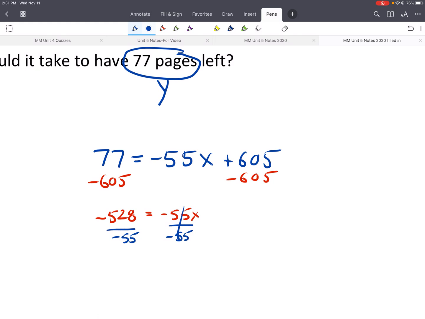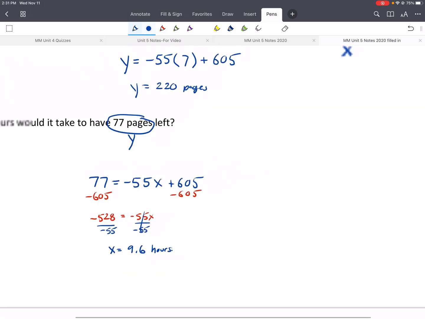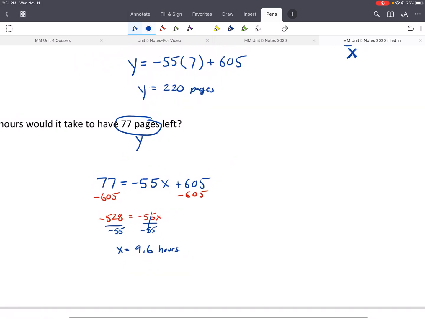We just divide that on our calculator. And we end up getting x is equal to 9.6 hours. Okay, so after 9.6 hours, he has 77 pages left to read.